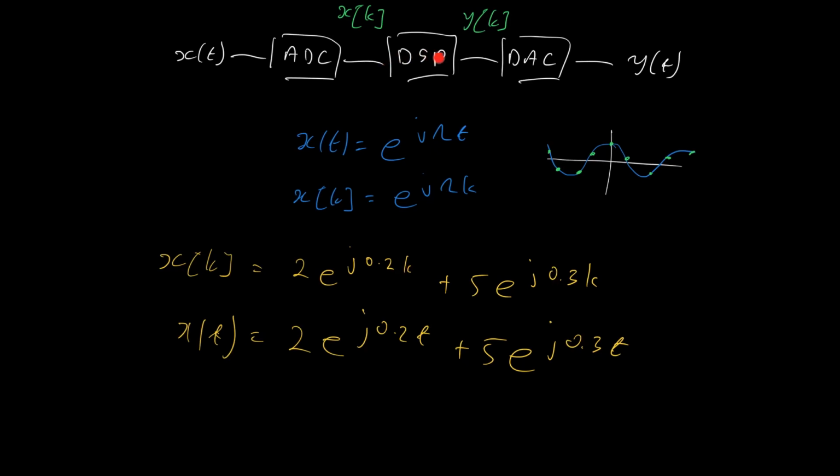In our DSP block, provided we only perform linear time invariant operations, we are going to preserve this basic structure here. We will modify the constants out the front, but we will keep our frequency components here. This means that once we finish processing our signal, which essentially just means changing these constants out the front here, to go through the D to A converter simply means replacing k with t.